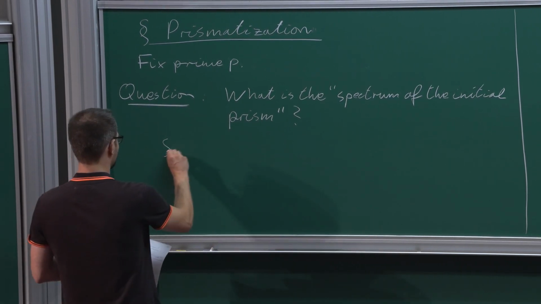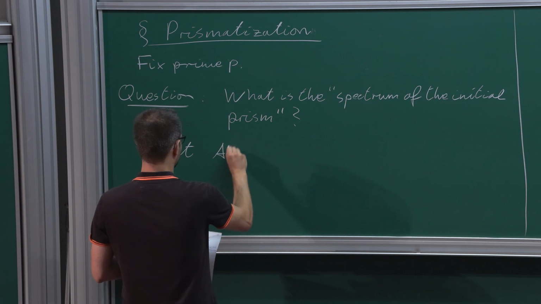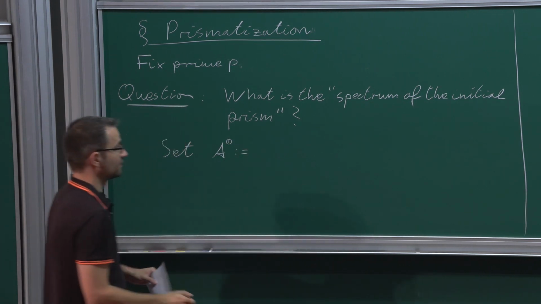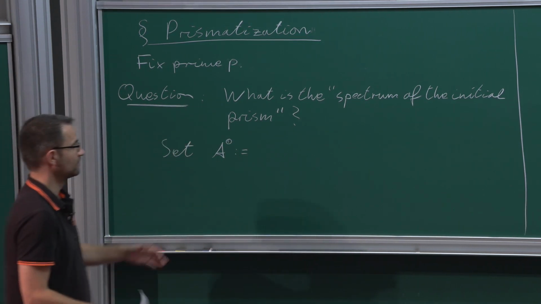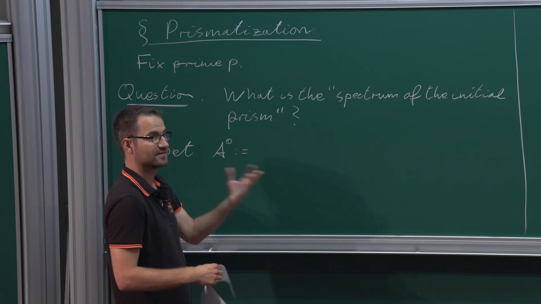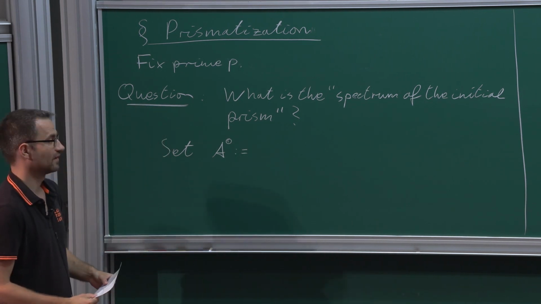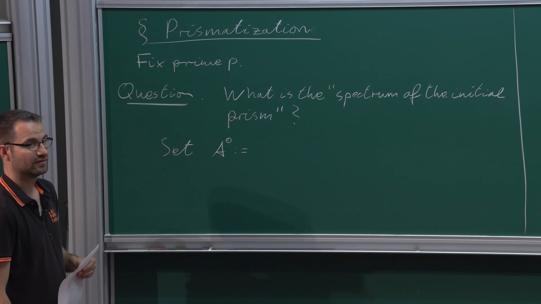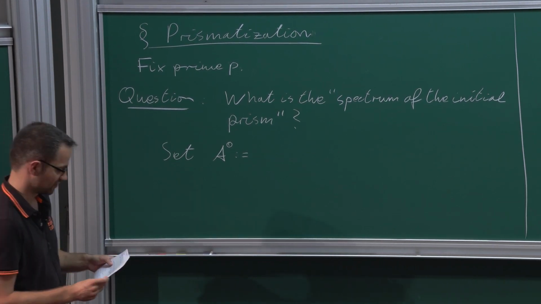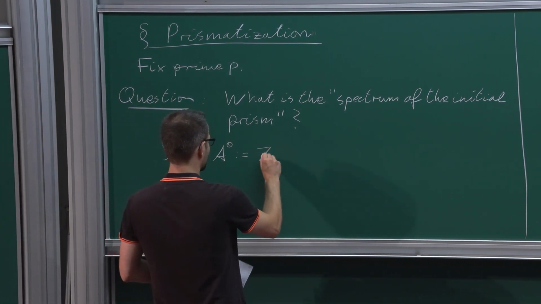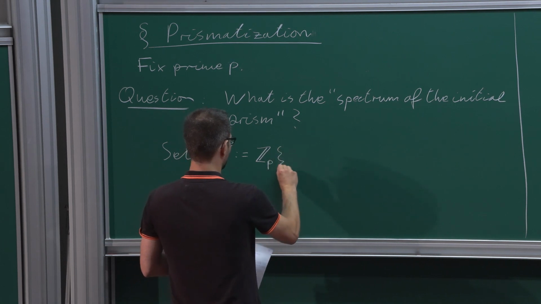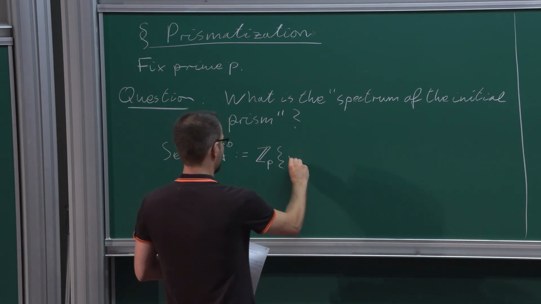And so the first thing is that we would consider an oriented prism, because locally at least every prism is orientable, meaning the ideal I is principal, and then we can also choose some generator. And now we can consider the initial oriented prism. And so how does it look?